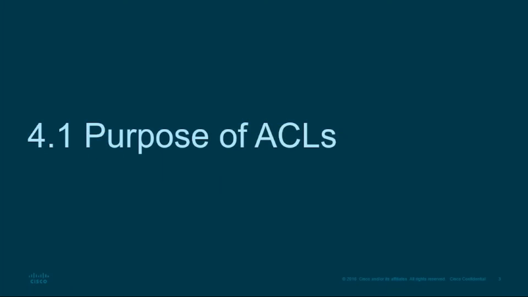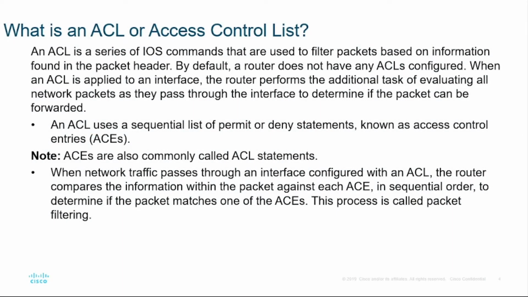Alright, so what is the main purpose? What is the purpose of access control list or ACLs? ACL is actually a series of IOS commands, or the Internetwork Operating System commands, that are used to filter packets based on information found in the packet header.